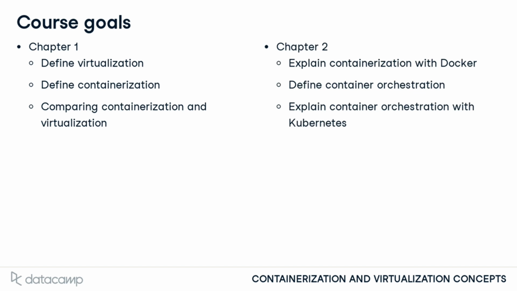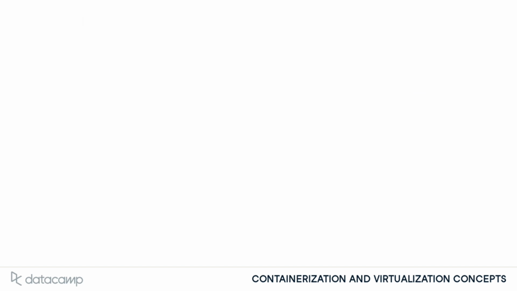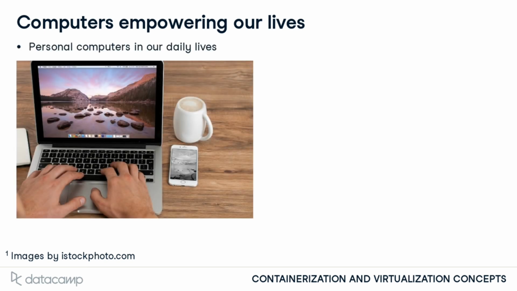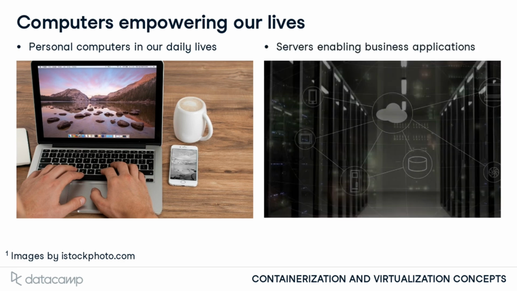Let's dive right in by defining virtualization. In our daily lives, we use personal computers such as laptops and smartphones. Since both examples are tangible devices, we can also call them physical machines. In the world of technology, servers play an important role.